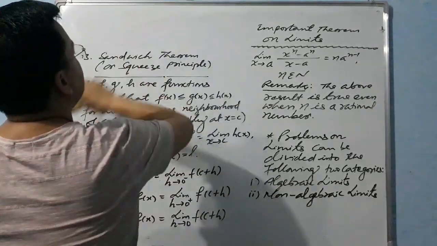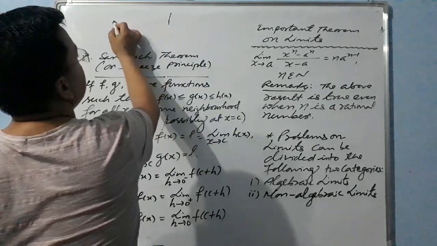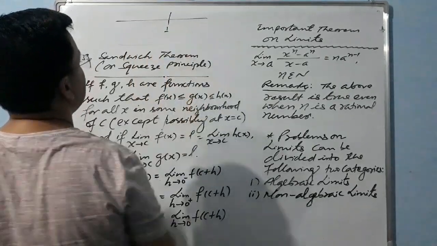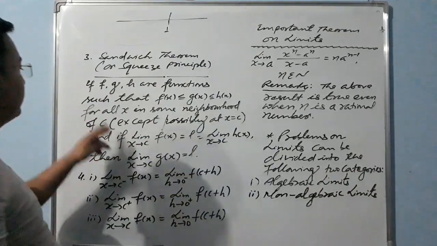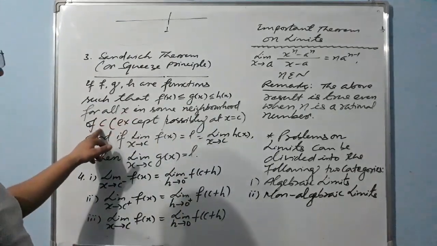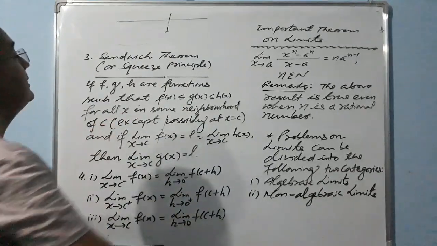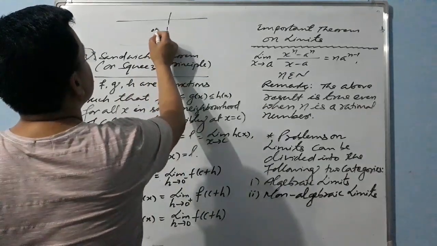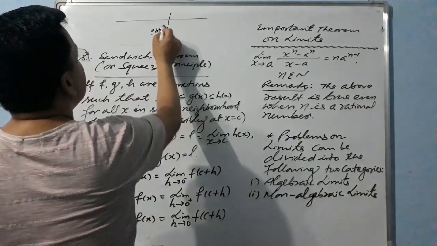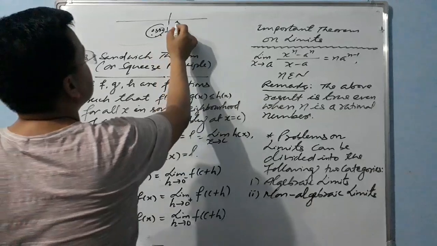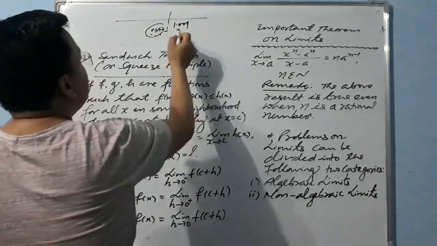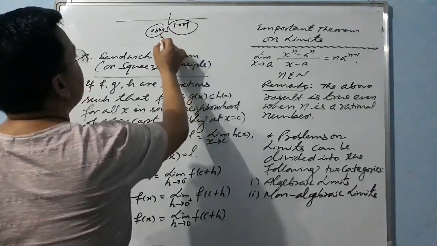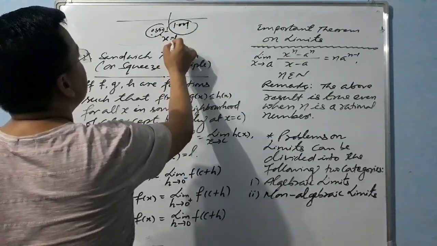Let me explain by taking this example. If we say for all x in some neighborhood of 1, neighborhood of 1 means x may be values like 0.9999, or 1.001, but not at x is equal to 1.